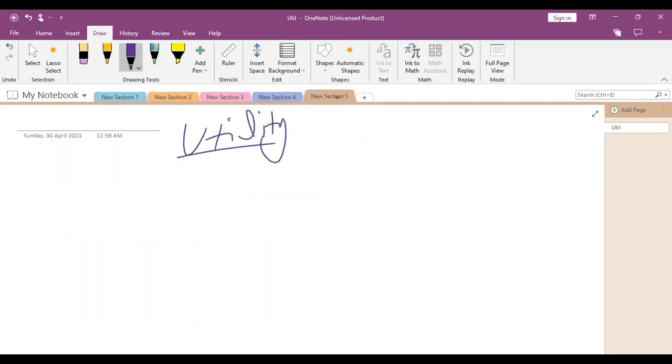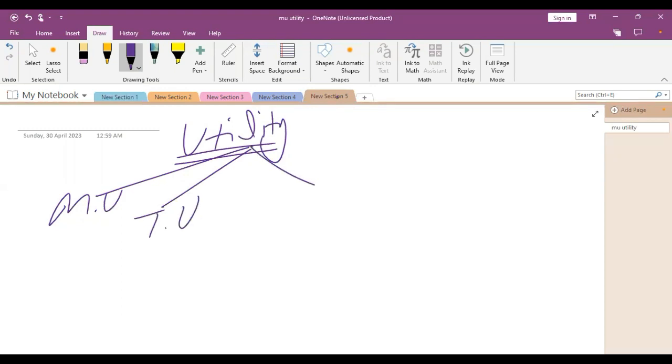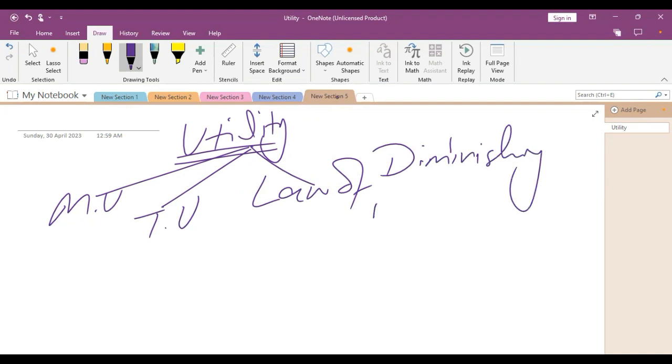First one was different kinds of utilities, that is marginal utility, total utility, and the law of diminishing marginal utility.